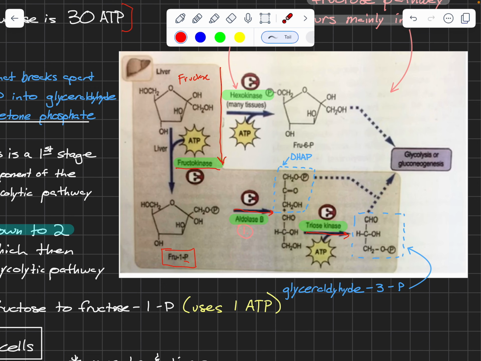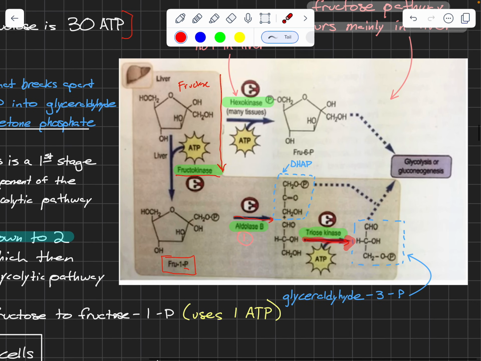If we want to break down fructose even further to put down on the pathways to generate some energy for ourselves, we're going to go through the enzyme triose kinase right here, and we're going to invest another ATP to eventually turn fructose 1P into glyceraldehyde 3P.